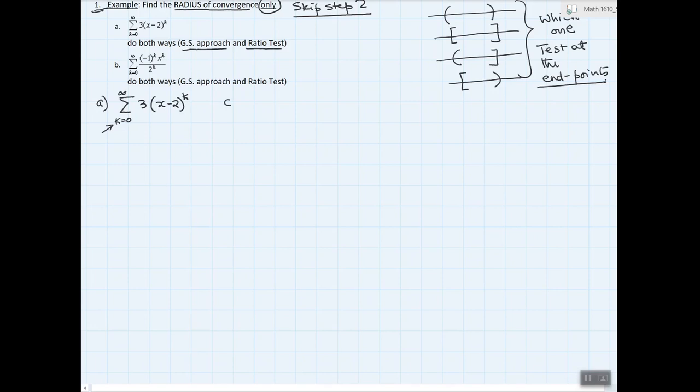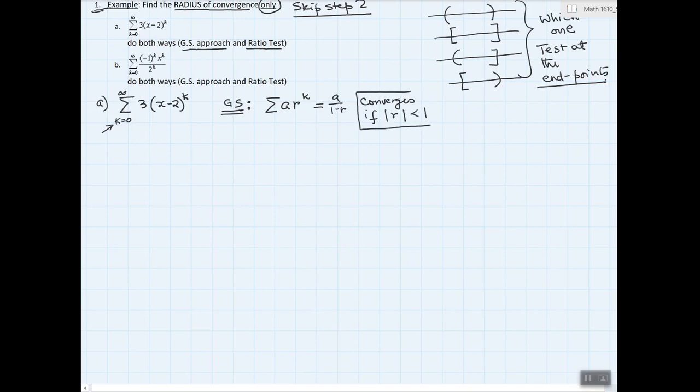So let's do the geometric series approach. First thing, let's remember what geometric series was. Geometric series, a r to the power k, converges to a over 1 minus r, which is not important, but it converges if absolute value of r is less than 1.